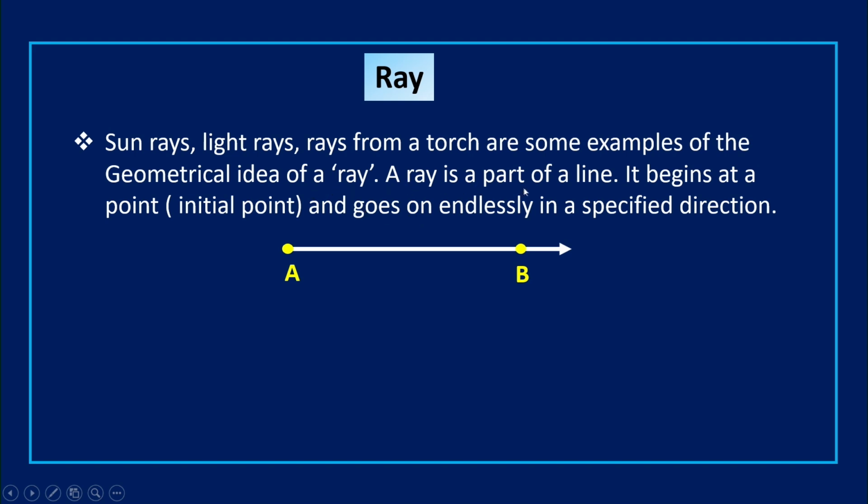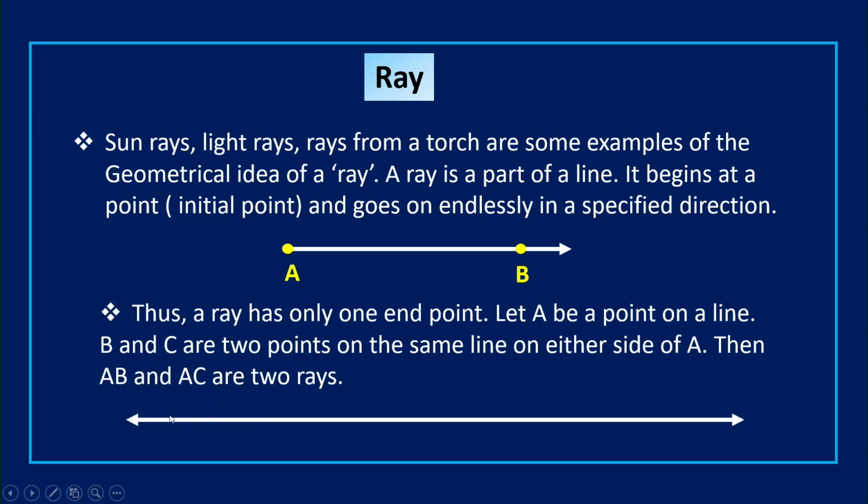A ray is a part of a line. It begins at a point, the initial point that is A, and goes on endlessly in a specified direction through B. You can observe the figure. Thus, a ray has only one end point.